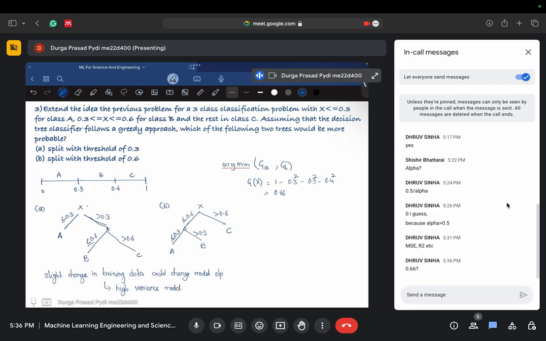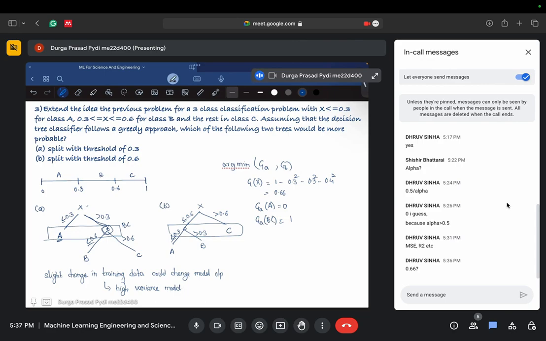So what about step 2? This is where there is a difference between both of the cases. If I am doing this particular one, GA of A will be 0 because you have a pure set here, there is no inhomogeneity. However, for this particular branch, let's put a name for this. I'll just call it BC because it has both B and C. What is the probability of B in the second data set?